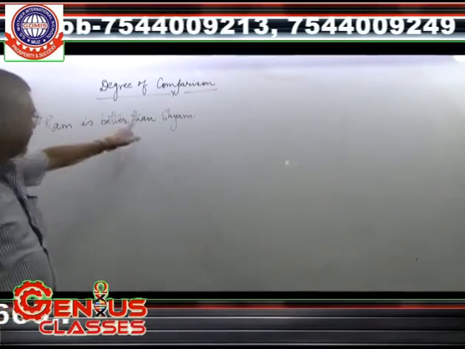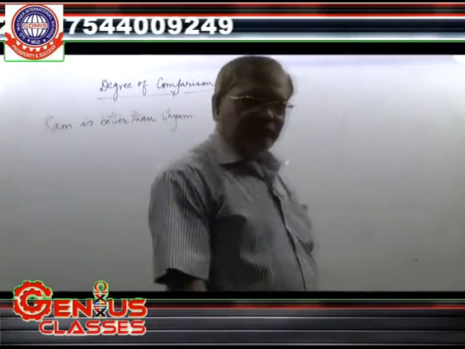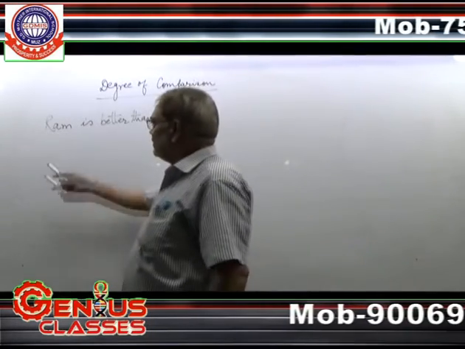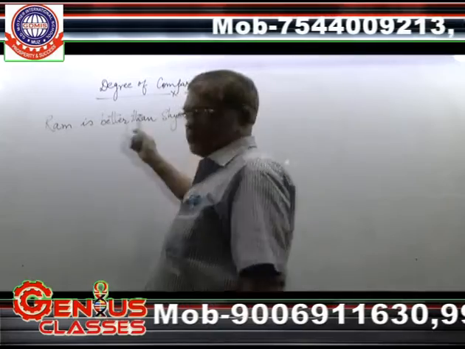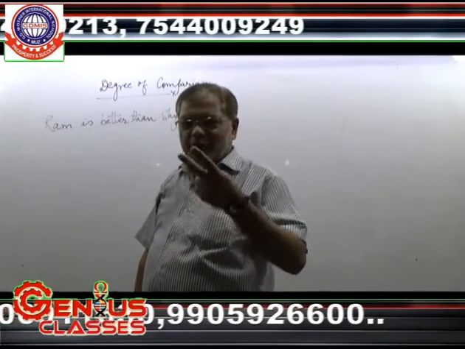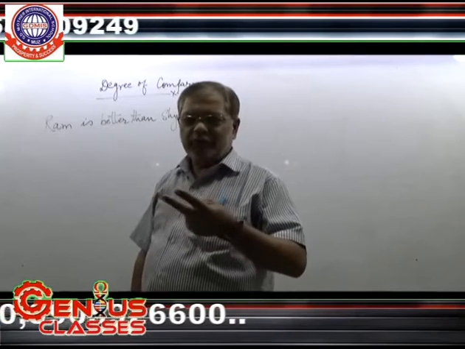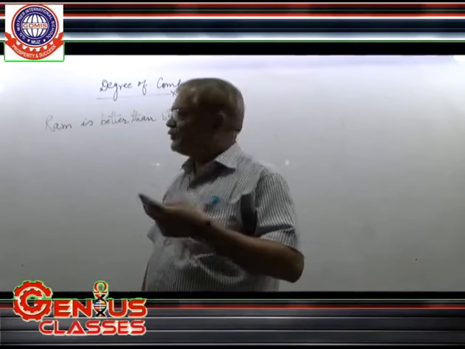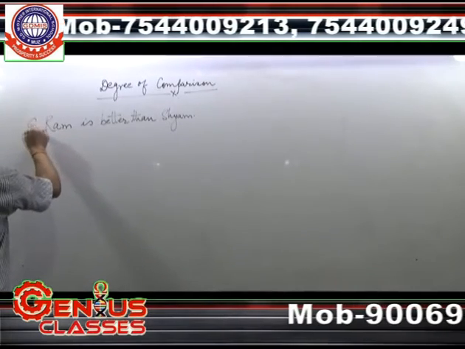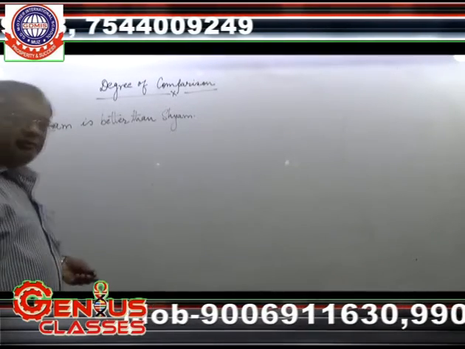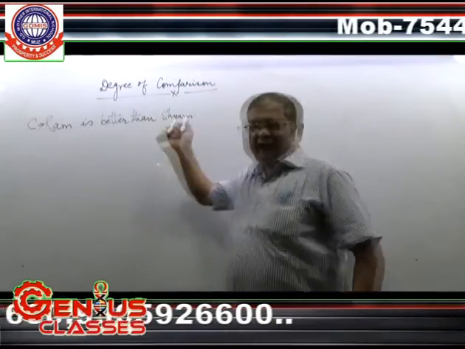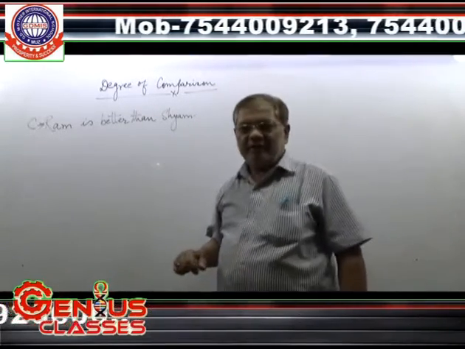So which degree does the sentence belong to? Now see that the comparison has been made between Ram and Shyam only. So 2 persons. And for 2 persons, we always use comparative degree. So this sentence is in comparative degree. Ram is better than Shyam. The sentence has been given in comparative degree.